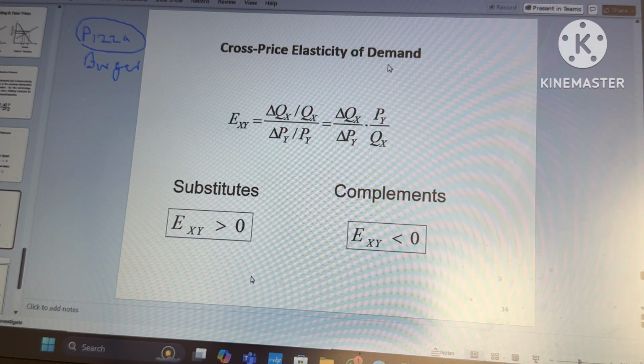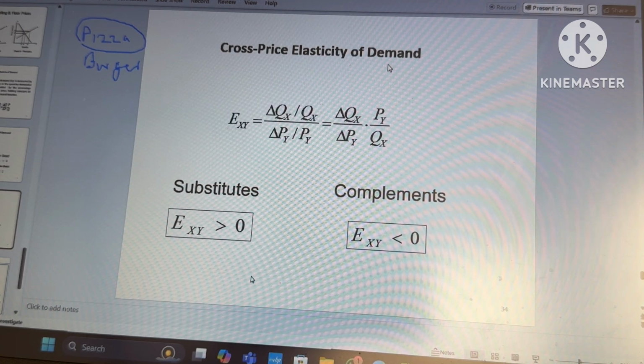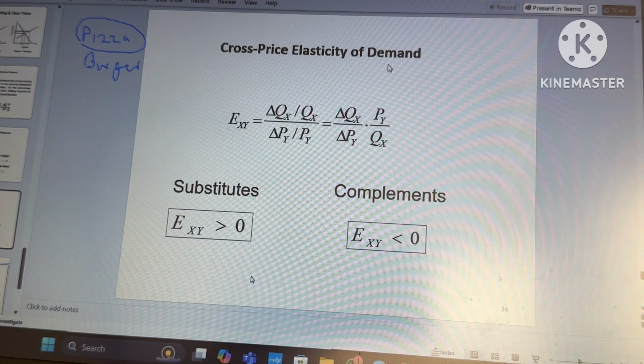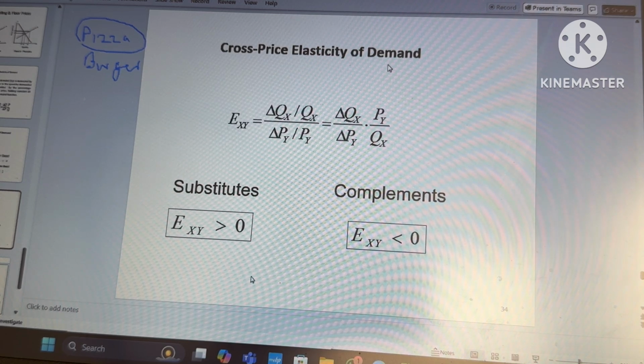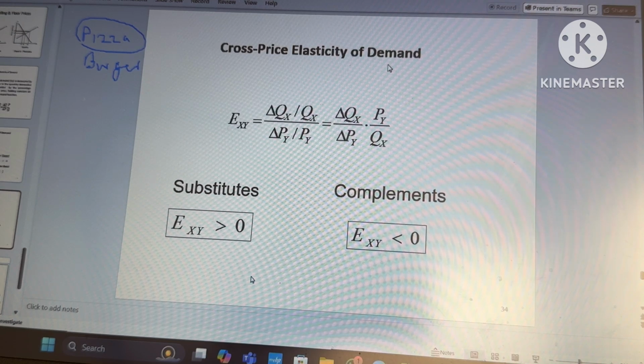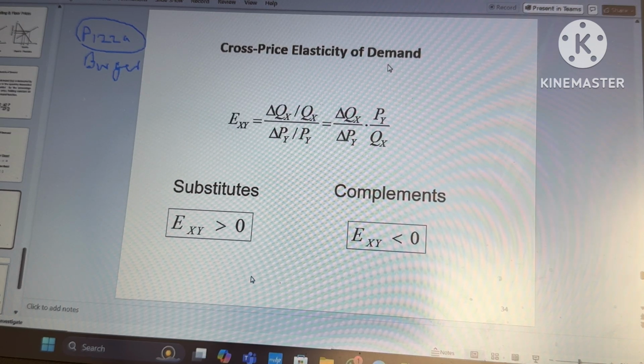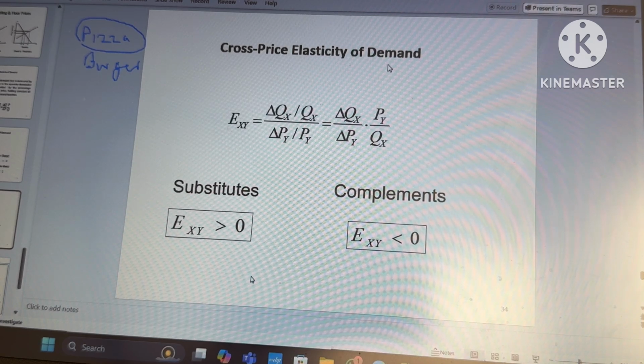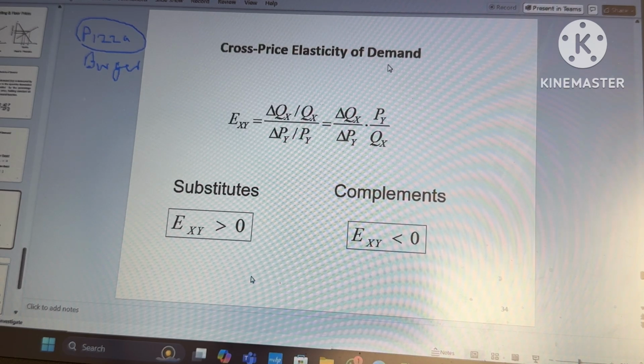Therefore, the pizza seller should be alert to what is happening to burger prices in the market, and what burger people are doing to attract more customers. Because if burger sellers attract more customers, pizza should know that their customers are being lost.